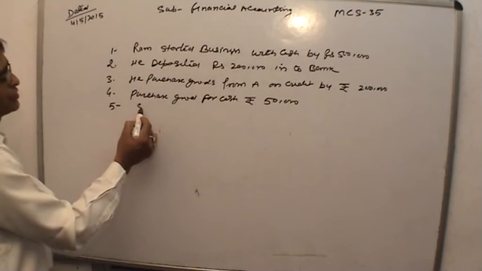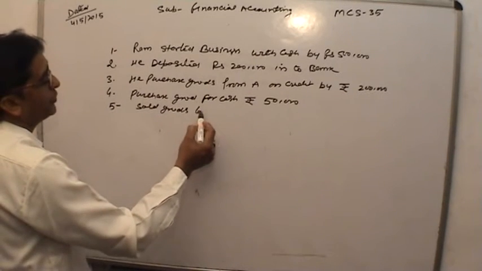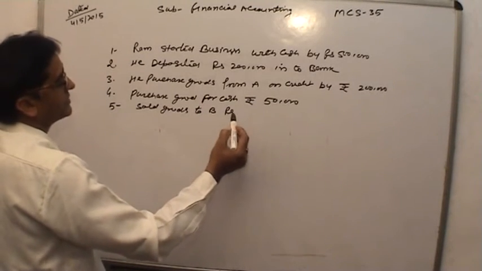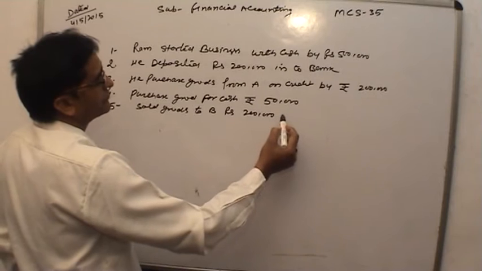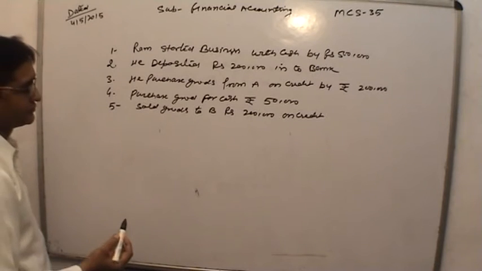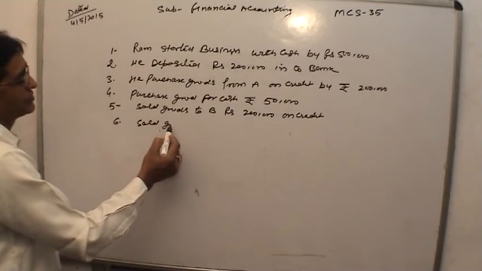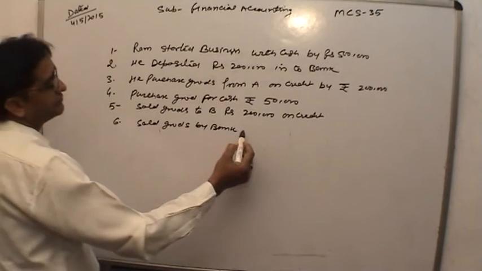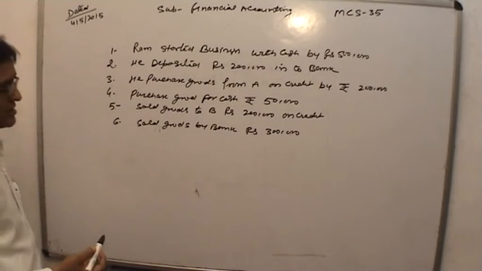Next, sold goods to B rupees 2 lakh on credit. Sold goods by bank rupees 3 lakhs.